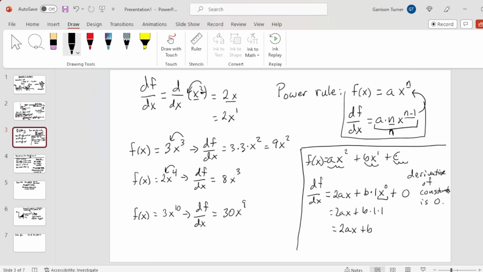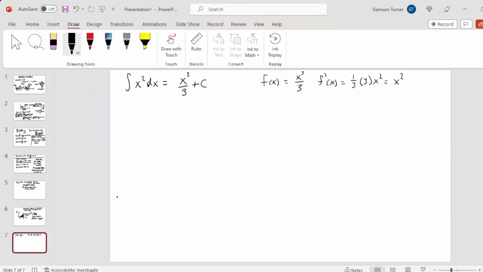There can be a constant at the end of it with a plus sign, and the derivative of this will always be 0. So when I take the antiderivative, I don't know if there was a constant hanging out there or not. So we always just add one obligatorily. Okay? So the official result for the indefinite integral of x squared dx is x cubed over 3 plus c.